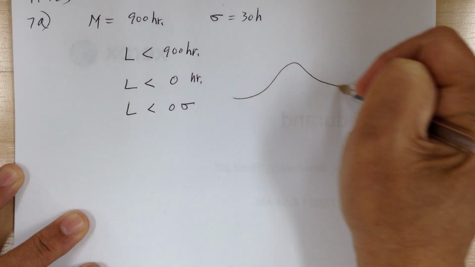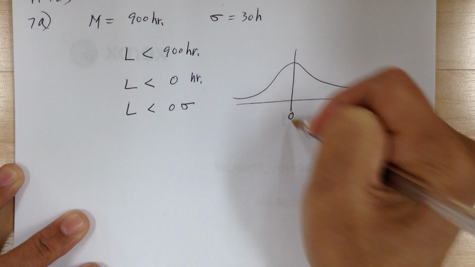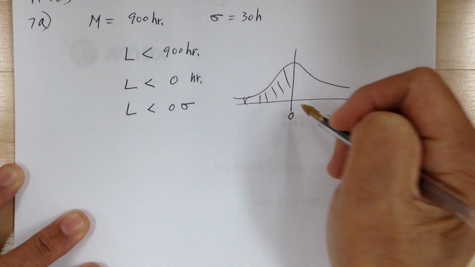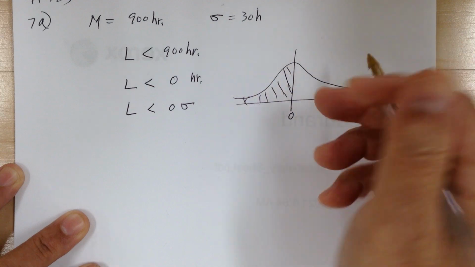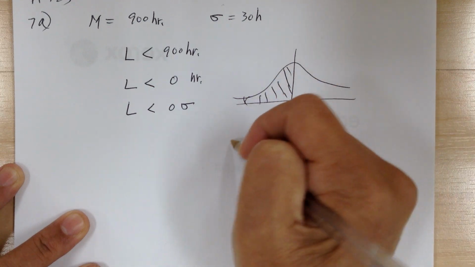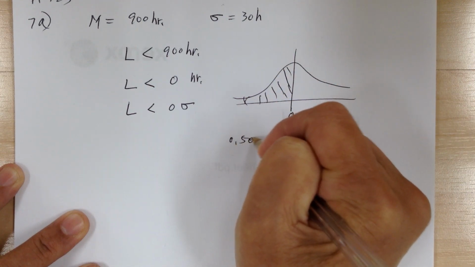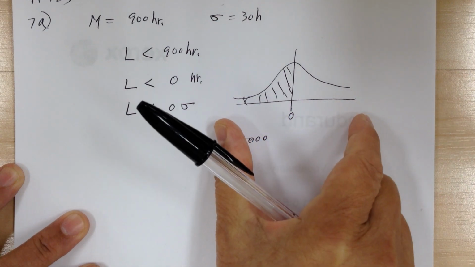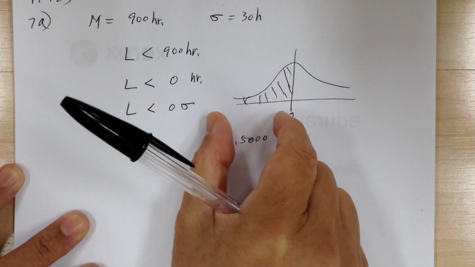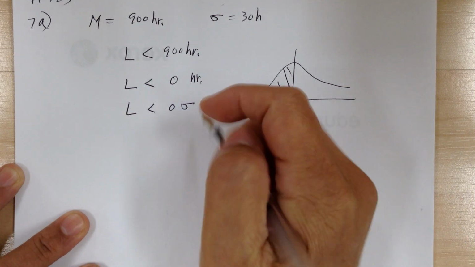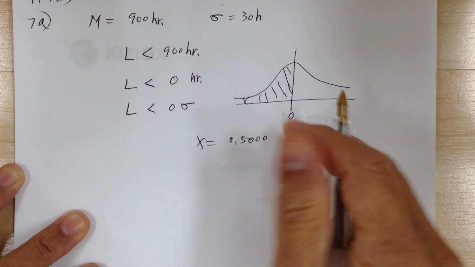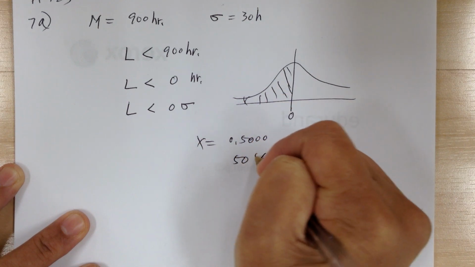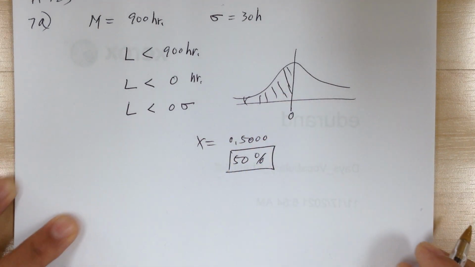When you draw that, here's your 0, and you're looking for everything less than that. Well, this is obviously going to be half, so the answer would be 0.5000, because remember, the entire thing is 1. So half of the graph is 0.5. Convert that into percent, so it'd be 50%.